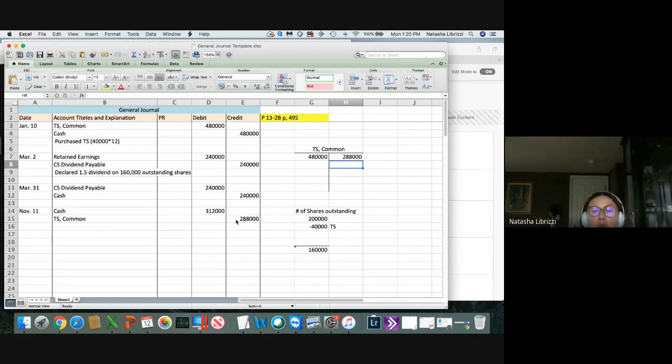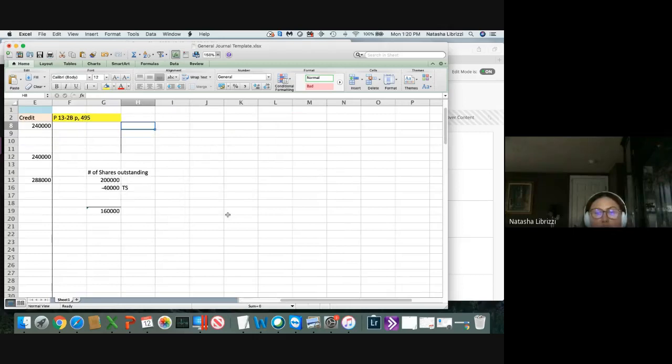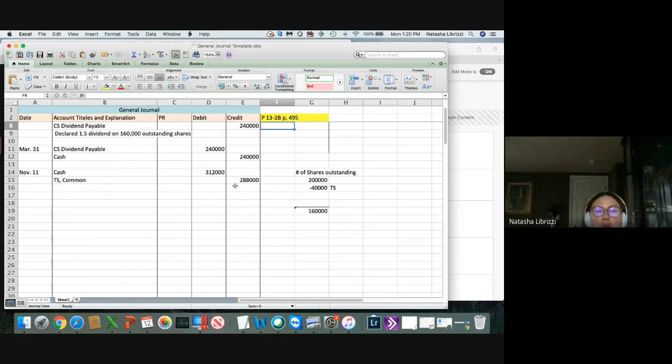There we go. And my debits don't equal my credits, so that's not good. Sorry, my mouse is jumping around. So I need my debits to equal my credits. So I got so much cash, and this is the cost. I cannot recognize gain.